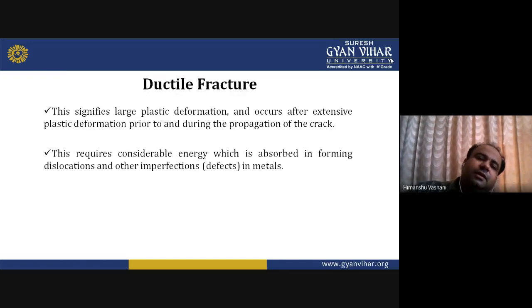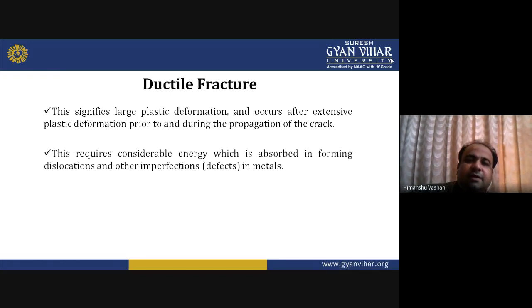Then ductile fracture, the common name that always goes along with brittle failure. This signifies large plastic deformation and occurs after extensive plastic deformation prior to and during the propagation of the crack.